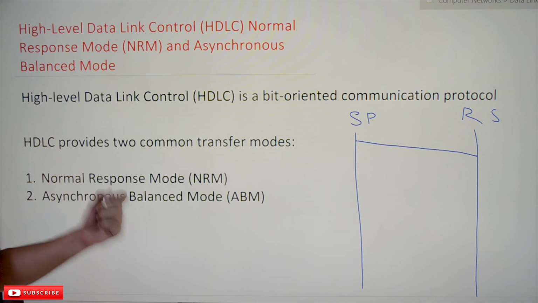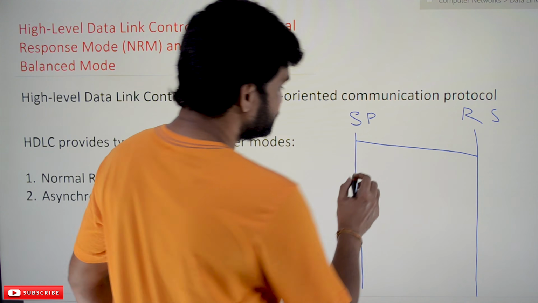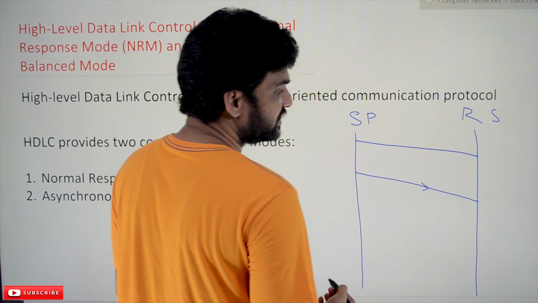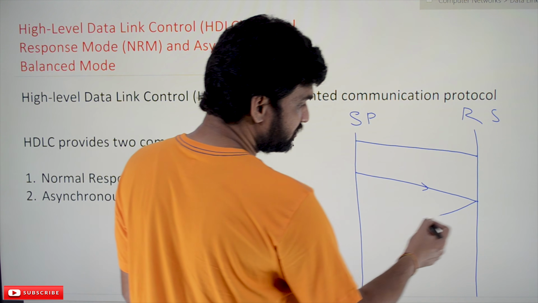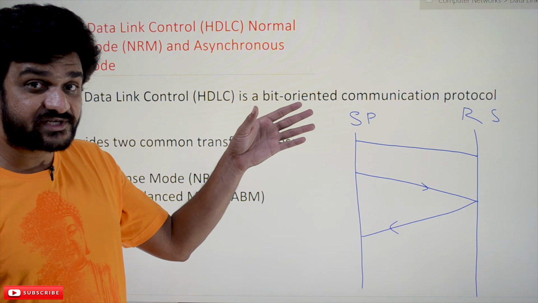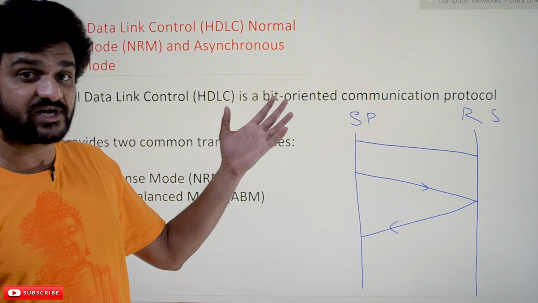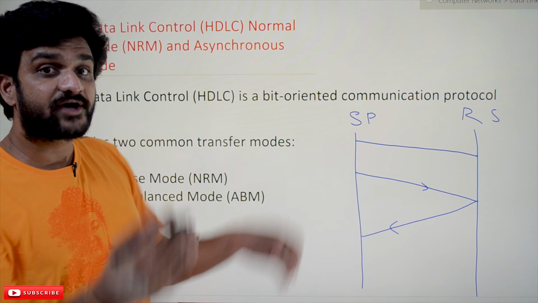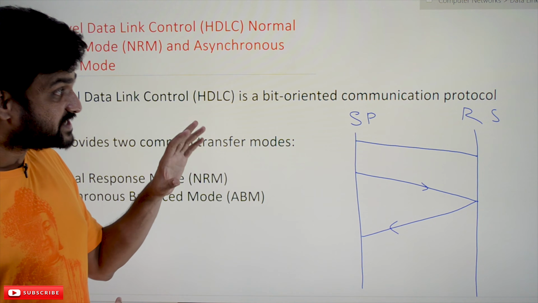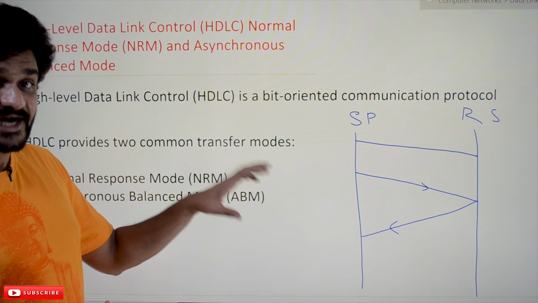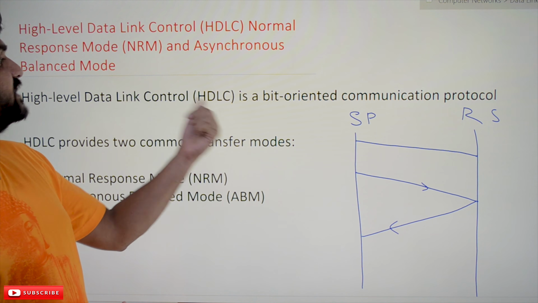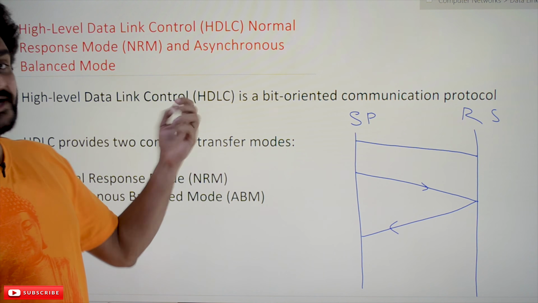So in asynchronous balance mode, the sender is going to send the data. In response, the receiver will also send data frames. Whereas in the previous transfer mode, only the acknowledgements are transferred back. Such a transfer mode is also supported in HDLC, high-level data link control.